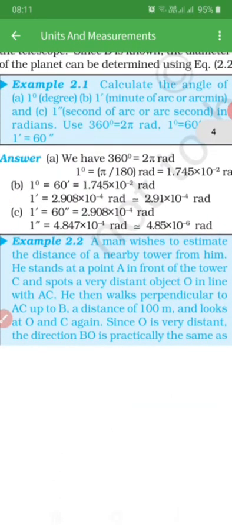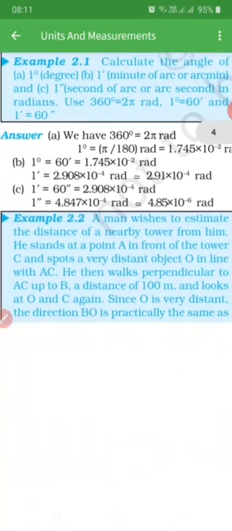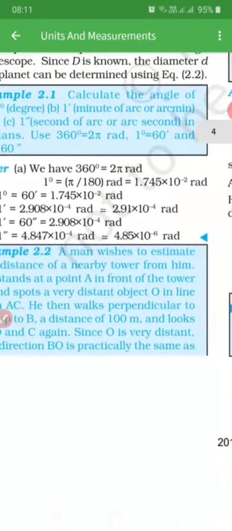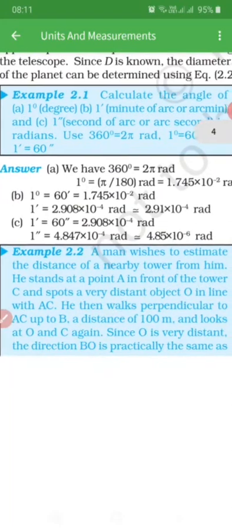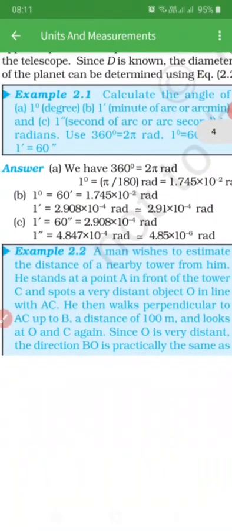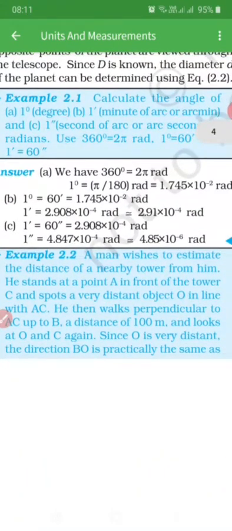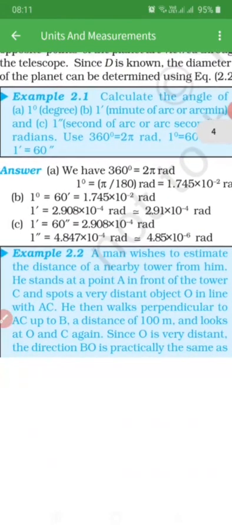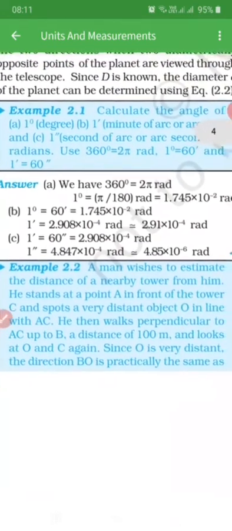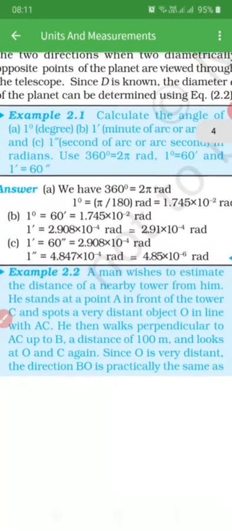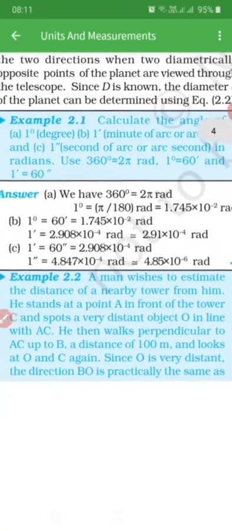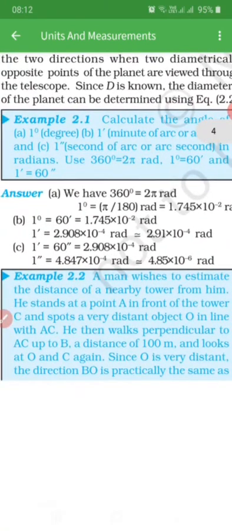Now another example. A man wishes to estimate the distance of a nearby tower from him. He stands at a point A in front of the tower C and spots a very distant object O in a line with C. He then walks perpendicular to AC up to B, a distance of 100 meters, and looks at O and C again.